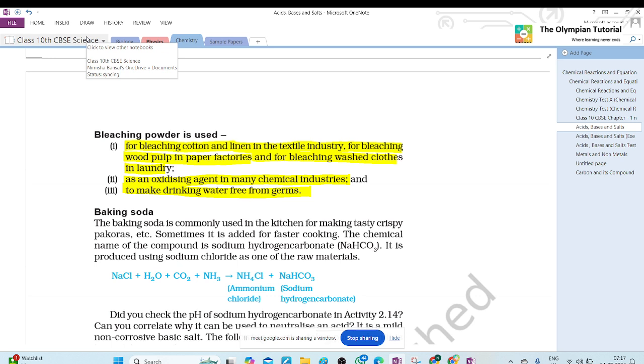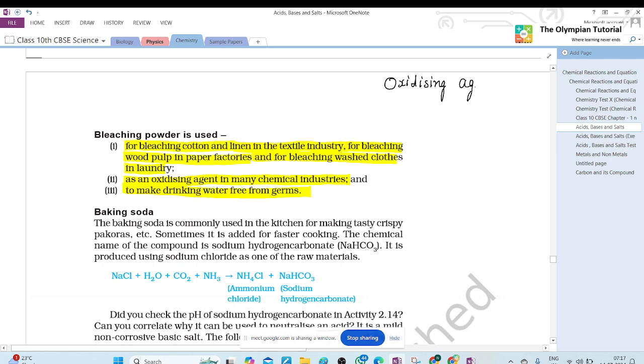Anybody else? What are oxidizing agents? We have done in the first chapter. Ma'am, which help the molecule to get oxidized. Yes, very good. They are known as oxidizing agents, and they get reduced themselves. Oxidizing agents reduce themselves and oxidize others. Very good. All of you are okay with it?